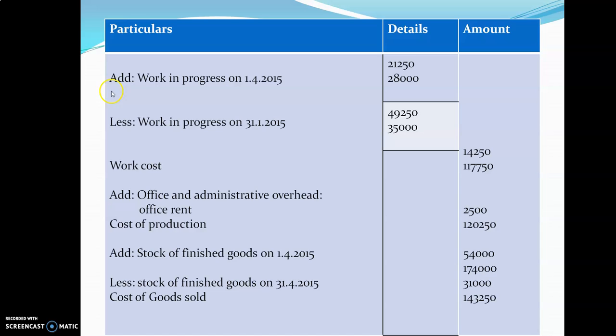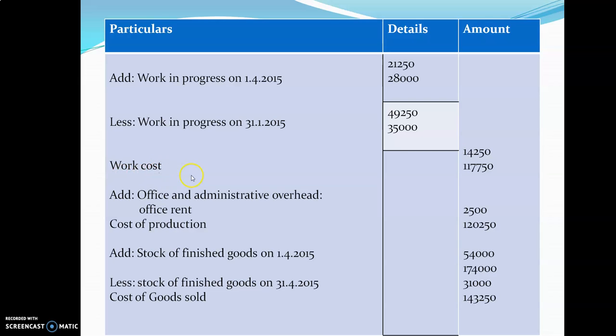Then we have to add the opening work in progress. Work in progress on 1st April 2015, that is 28,000, and we will get 49,250. Then we have to minus the closing work in progress. So work in progress on 31st January 2015 is 35,000.